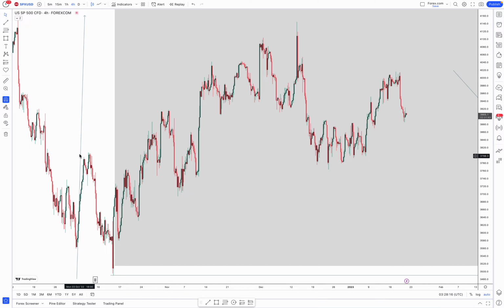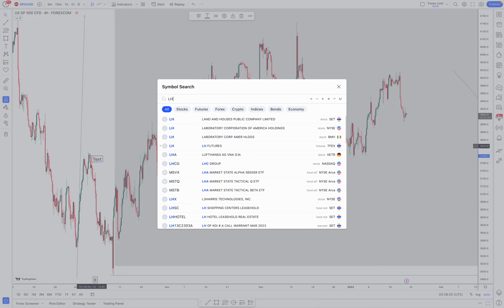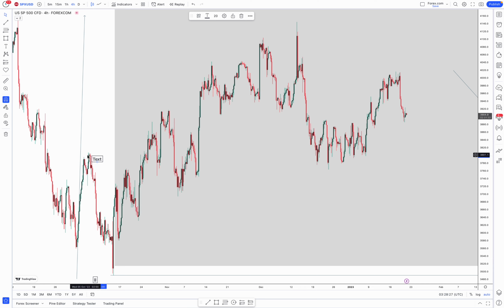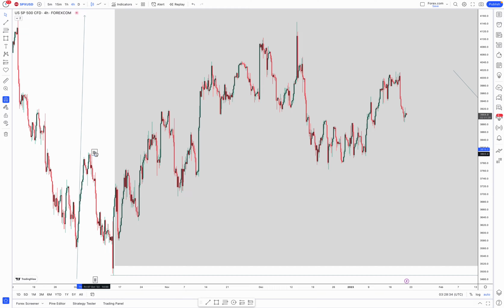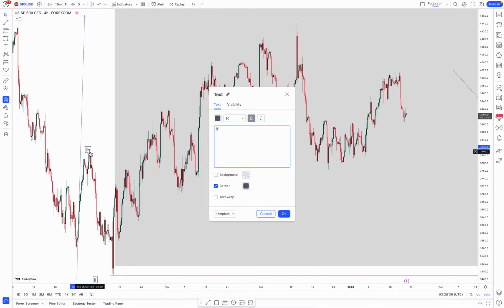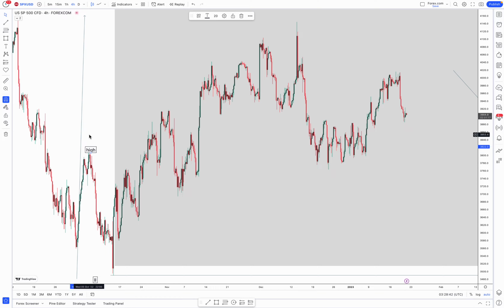The most significant points are this lower high, this lower high, or we can just call it a high, and a low, which is the one previous.